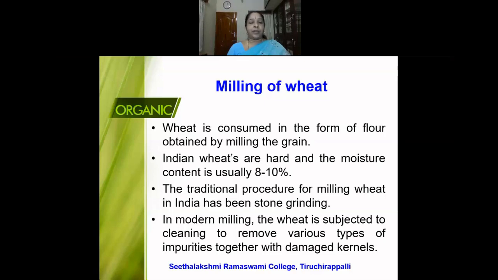But now we are using what are called modern mills. In modern milling, the wheat is subjected to cleaning to remove various types of impurities together with damaged kernels. The first process in the milling of any grain, including wheat, is to remove the impurities present.